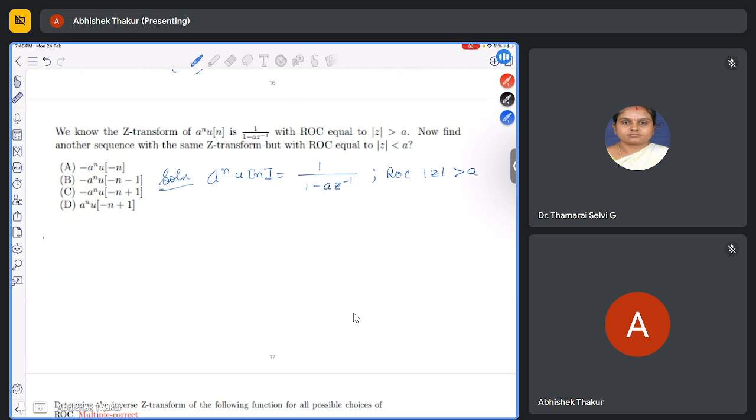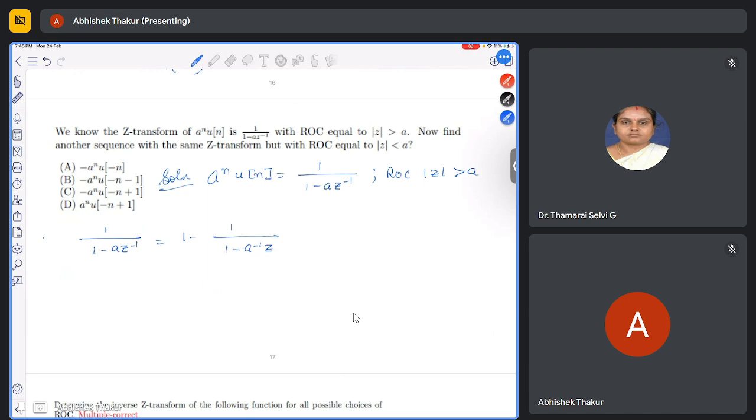To have the same Z transform but the opposite ROC, let us rewrite the Z transform in a different manner: 1 by 1 minus a z inverse.